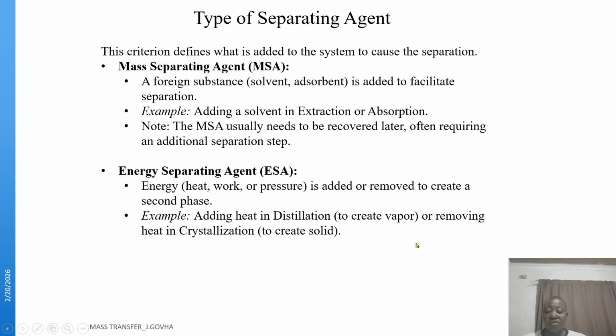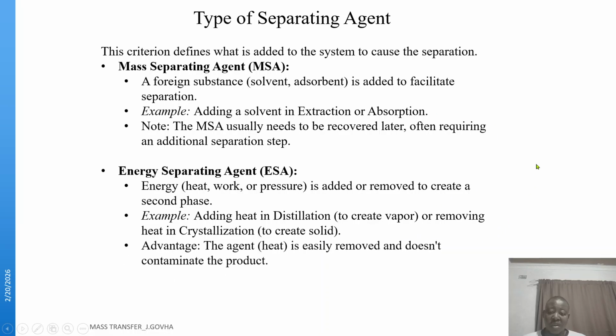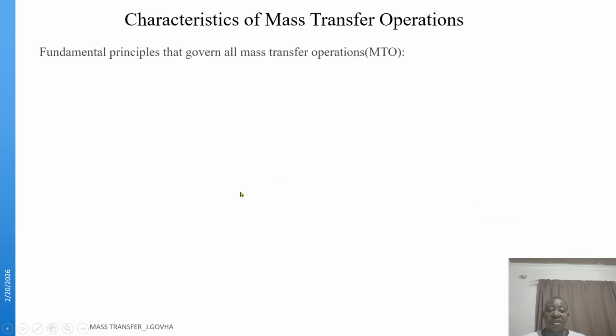And distillation is one important separation process there. Then we also look at the advantage there, where we are saying that the heat is easily removed and does not contaminate the product.